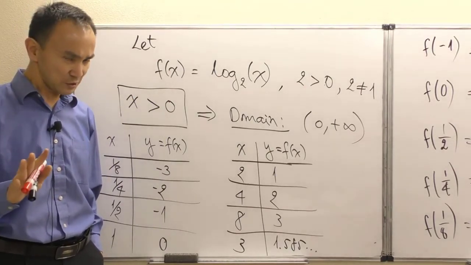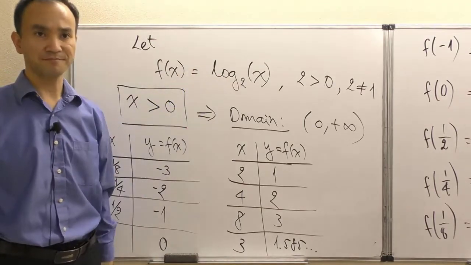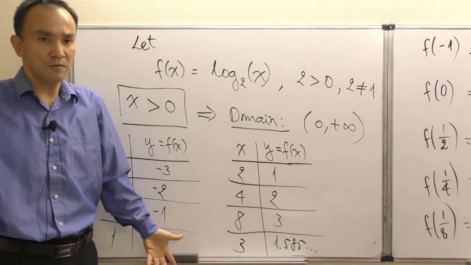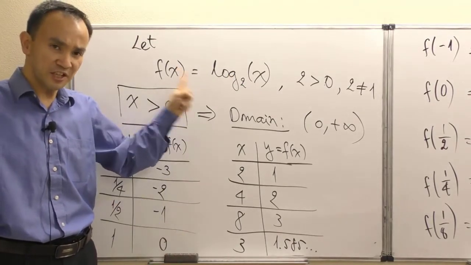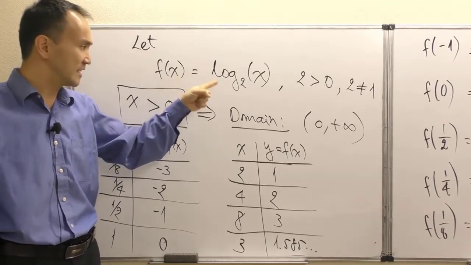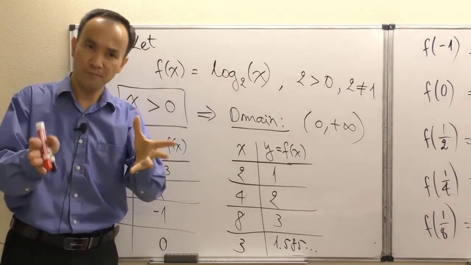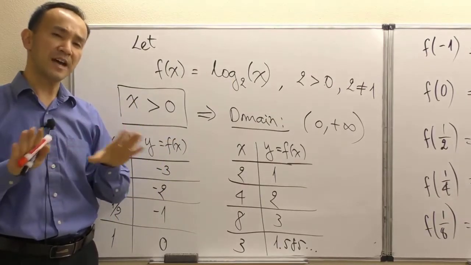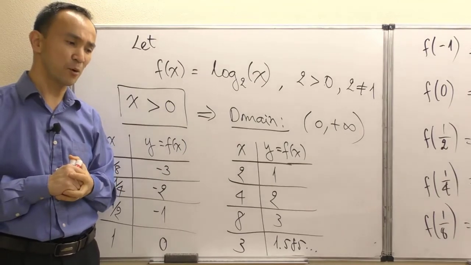That's the end of the story for this function that I call log base 2 of x. I still did not give a formal definition of what a logarithm function is. This specific function is only defined by the rule that we take log base 2 of x for any input x. That's all I'm showing at this point.